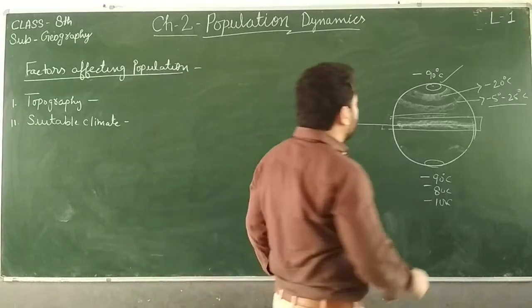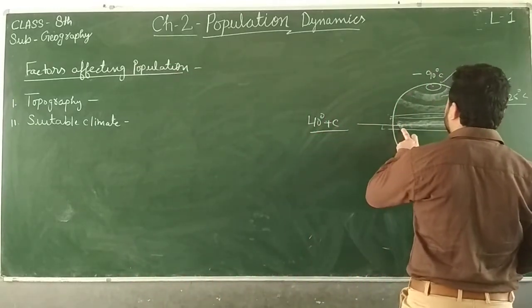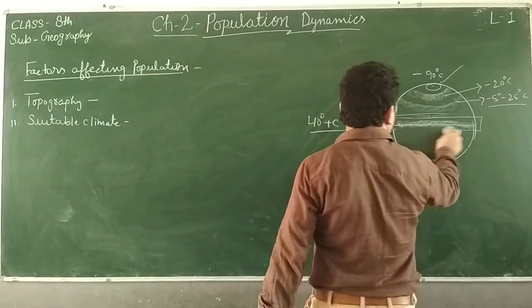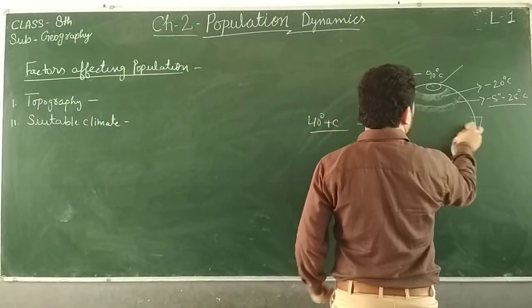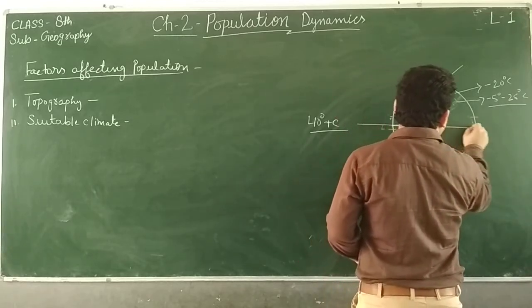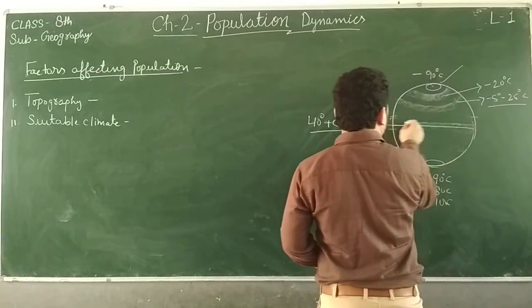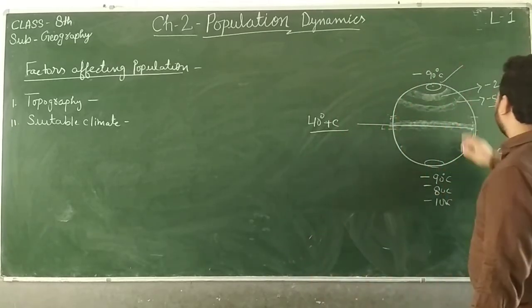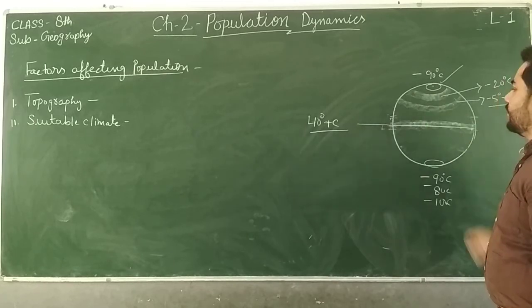So temperature is too high here. So you will not even prefer to live here also. Clear? So where will you live? You will live somewhere where temperature is suitable to live. Okay, you will prefer to live here, you will prefer to live here, right?